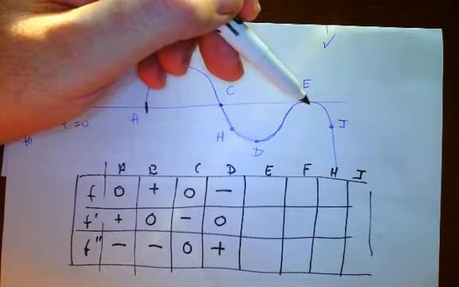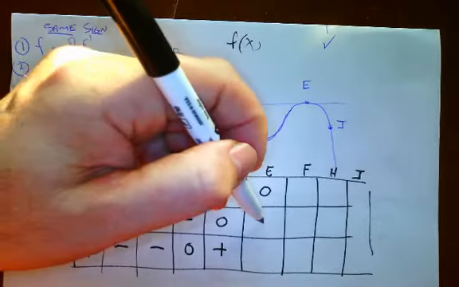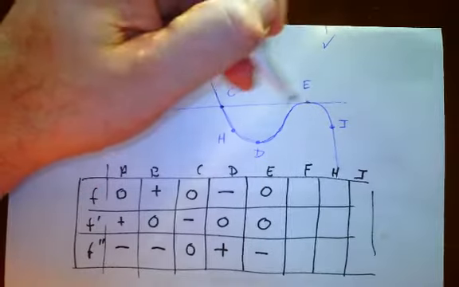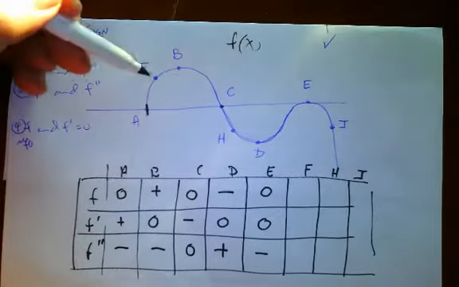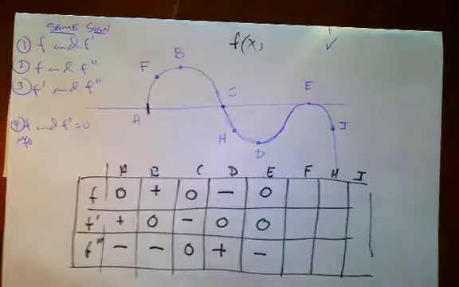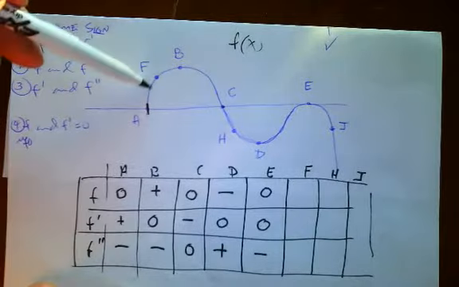At E, I think I have a zero first derivative as well as a zero function value. So f is equal to 0 and the slope is equal to 0 at that point, but the function is concave down here. Okay, now we go back to f. What can we say about f?